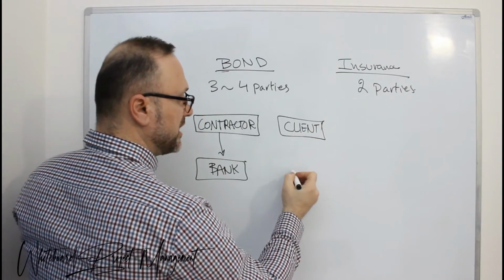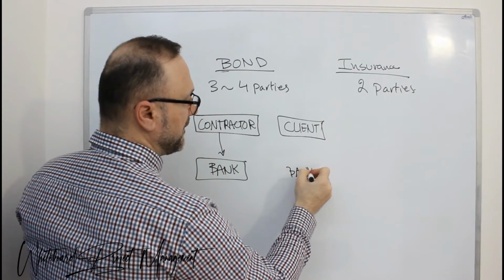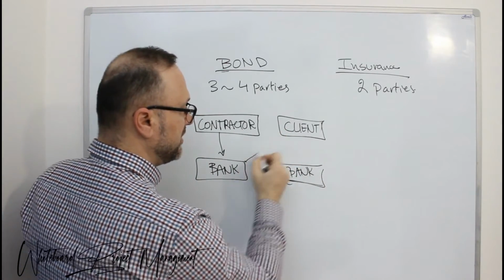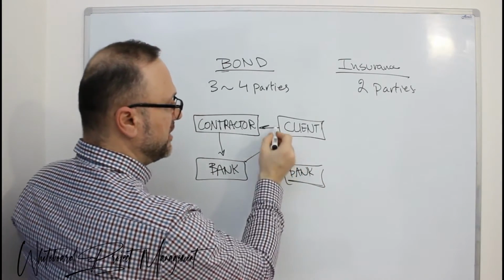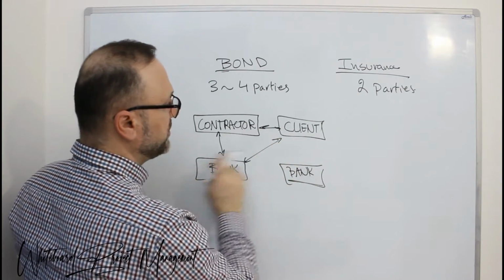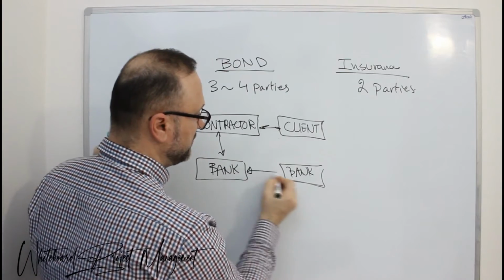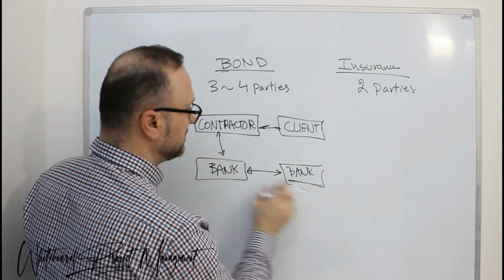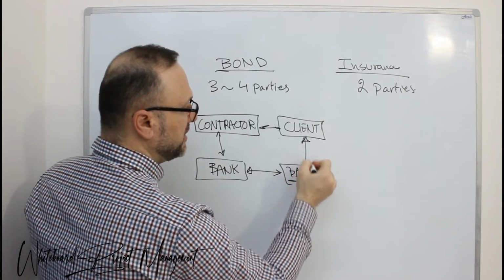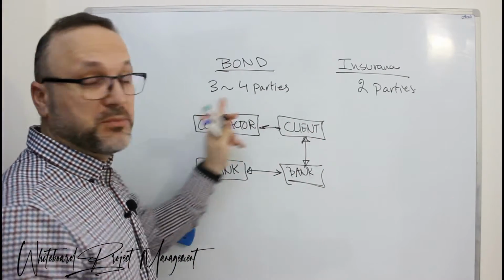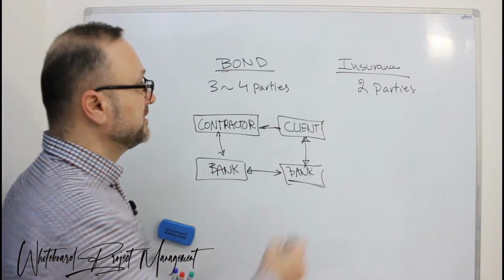We have also the client bank. So either the client has the same bank, that means we have 3 parties, or the bank is different and the 2 banks are communicating together, and we have 4 parties involved.